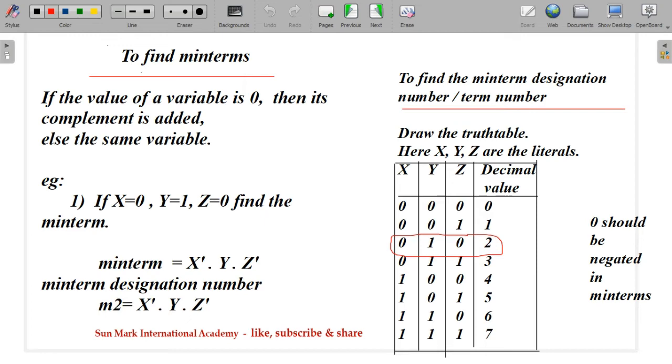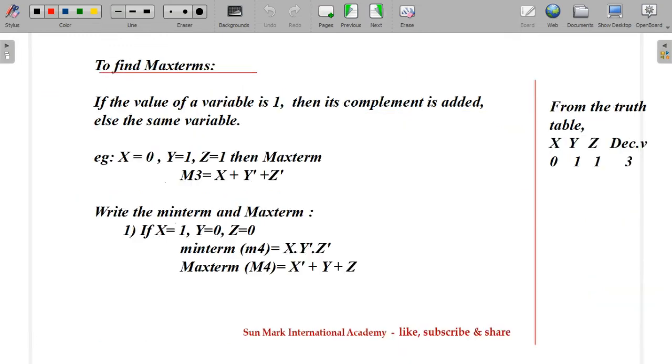Okay. The next one, to find the max term. To find minterms, we had a rule: if the value of a variable is 0, then take the complement. The opposite of minterm, to find the max term: if the value of a variable is 1, then its complement is taken, else the same variable.